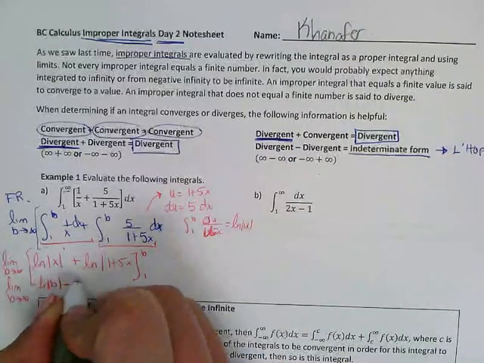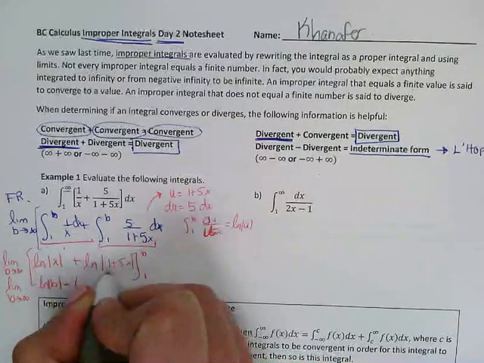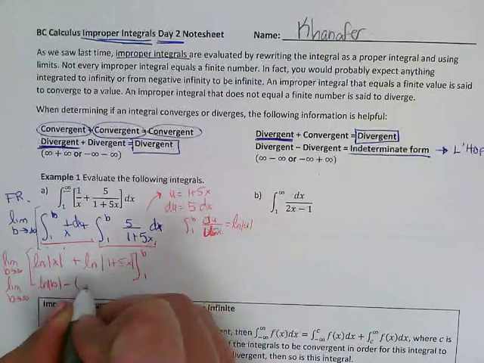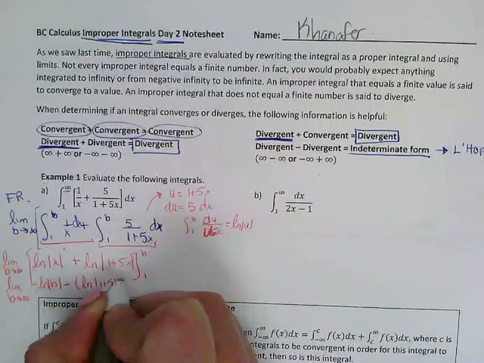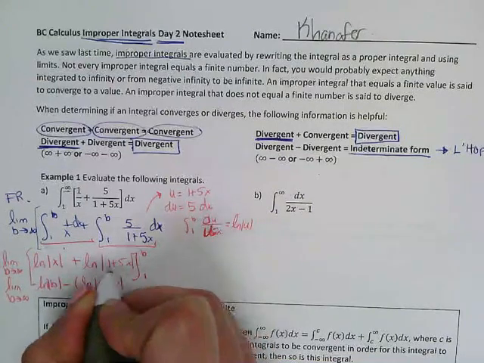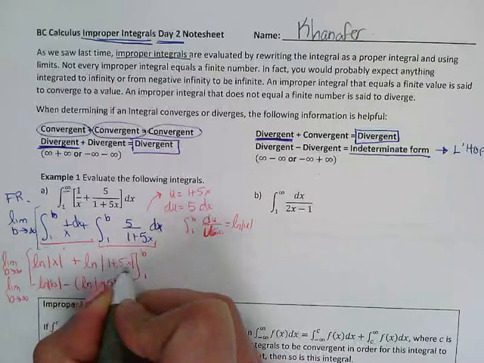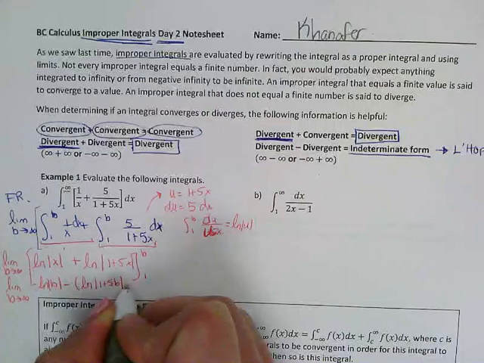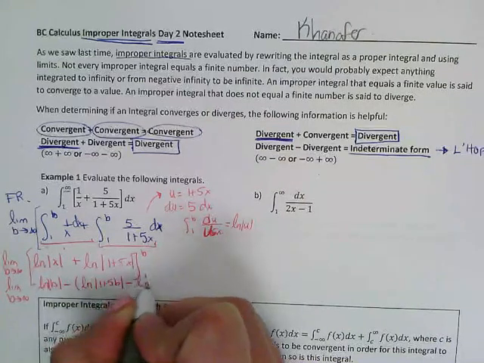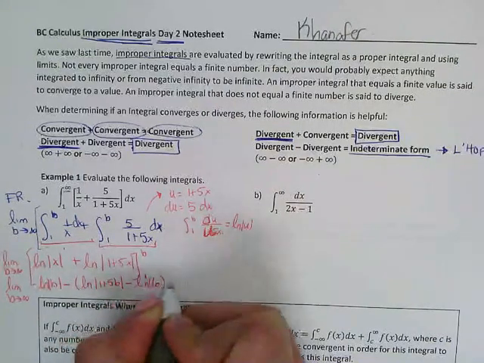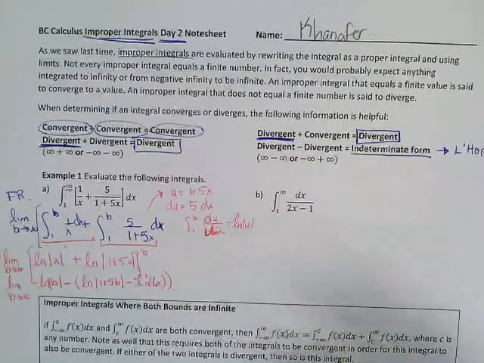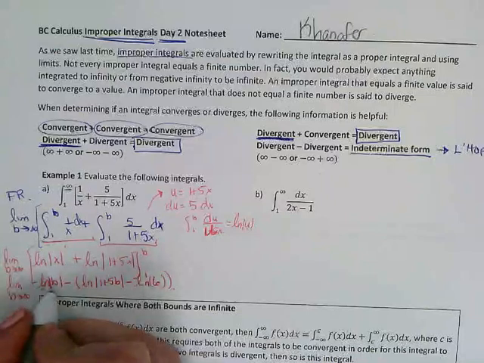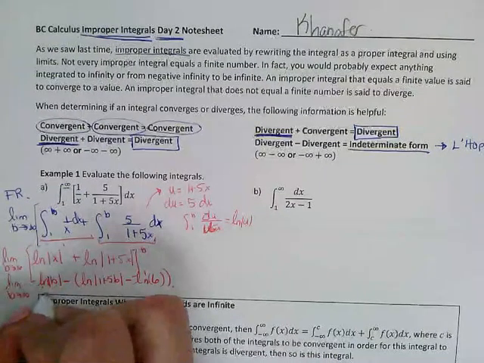So minus the second part, which is ln of 1 plus 5b, and then ln of 1 plus 5 times 1, which is ln of 6, so minus ln of 6. And here's the idea. Basically, we know that ln of b is infinite.